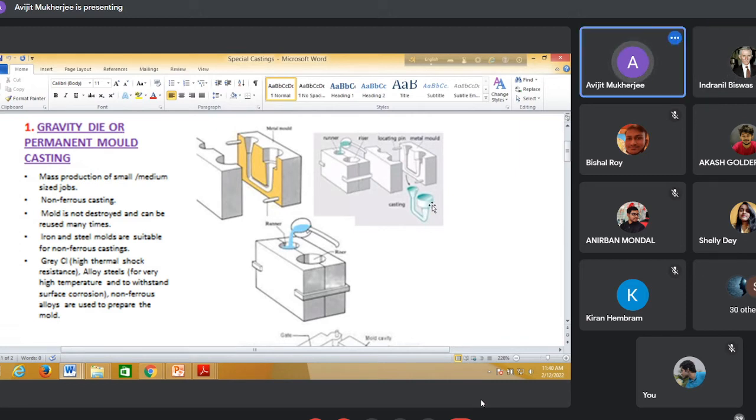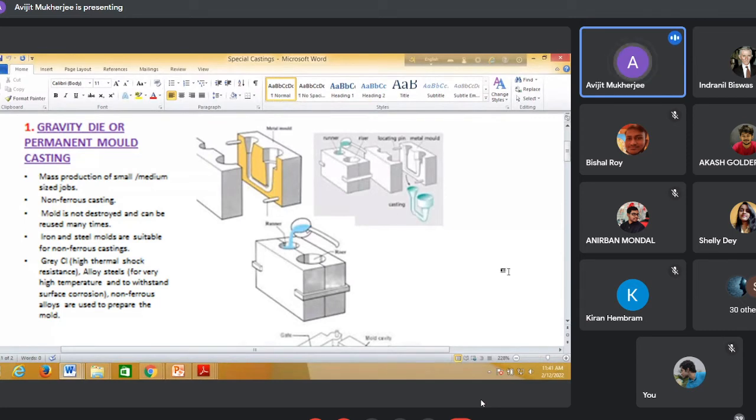So this is for mass production and also mainly for non-ferrous material. And as non-ferrous materials are molded, that's why cast iron or steel are suitable as a die material. But if it is ferrous material, obviously cast iron or steel will not be suitable because same material.